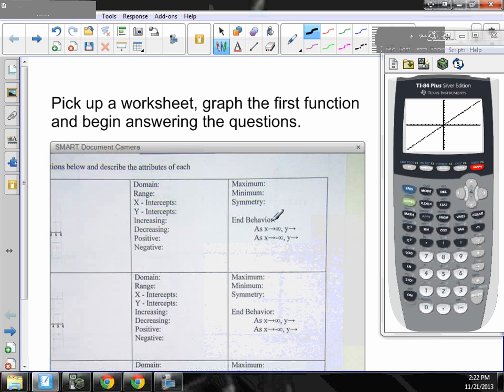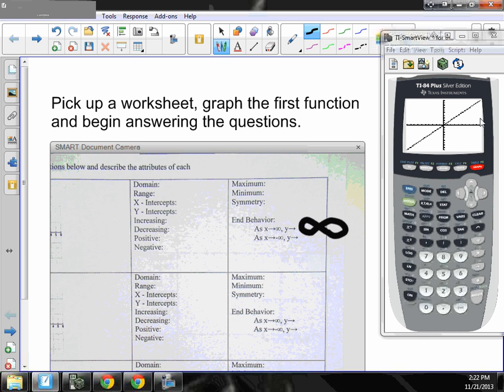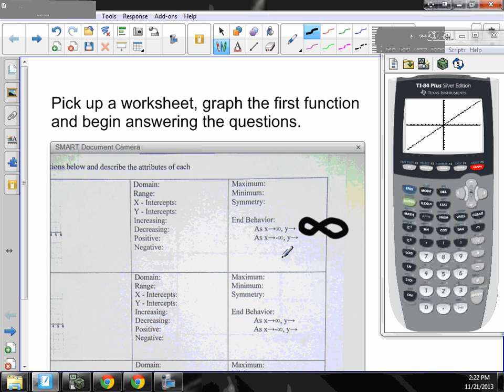As x goes to infinity, y approaches. So as x goes to the right, which way does y go? Up to positive infinity. As x goes to negative infinity, y goes down, which is negative infinity.